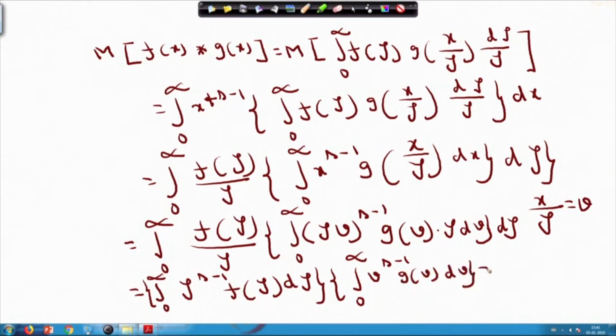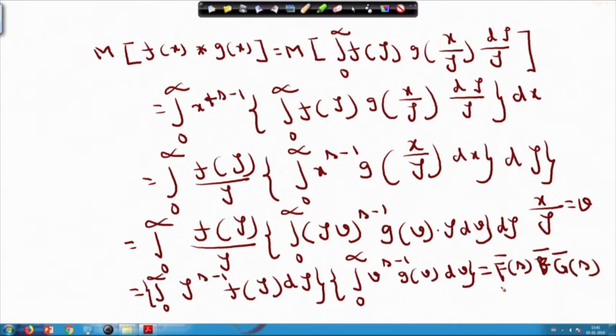So you are getting these two integrals. One is the integral of η to the power s minus 1 f(η) dη, which is nothing but F̄(s), the Mellin transform of f(x), and the next integral of v to the power s minus 1 g(v) dv is nothing but the Mellin transform of g(x), so it will be Ḡ(s).